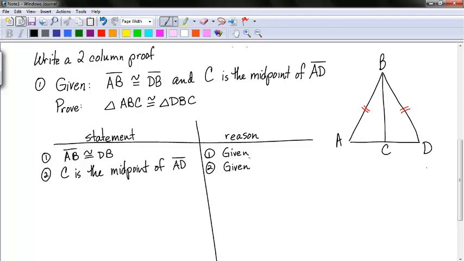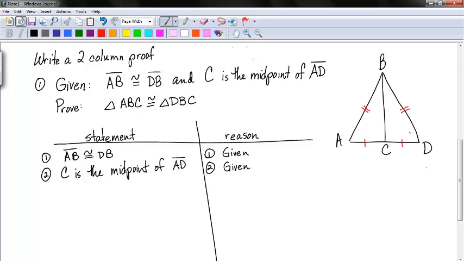Now, if you know that C is the midpoint of AD, what do you know about AC and CD? They're equal, and they're congruent. So this would be congruent to this. Why? What's the official thing in midpoint?